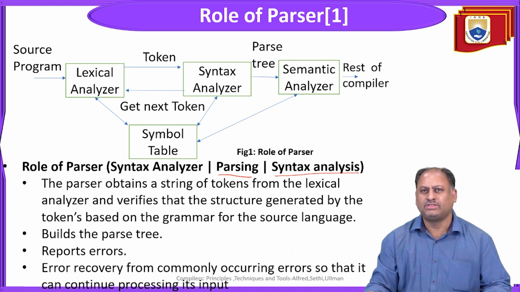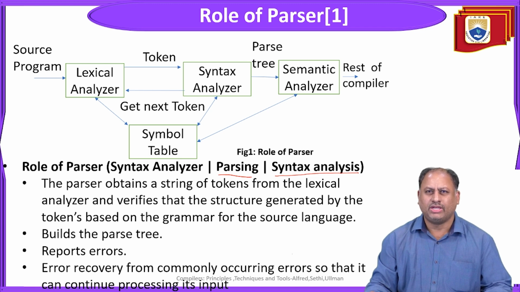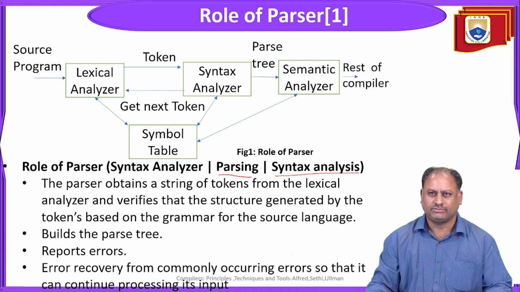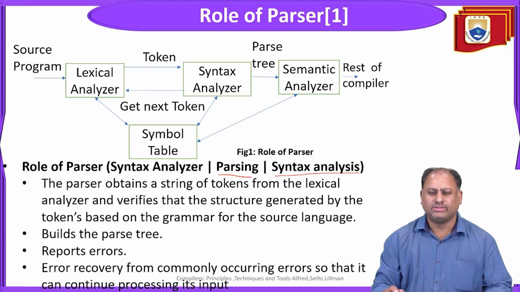The parser obtains a string of tokens from the lexical analyzer and then verifies the structure generated by the tokens based on the grammar for the source language, and then it builds up the parse tree. As I said, any successful results are sent to the syntax analyzer phase for construction of the parse tree.